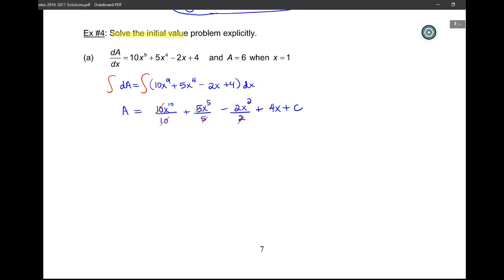Of course, this works out really nicely. We can see our coefficients cancel out in those situations. And now I want to plug in A equals 6 when x equals 1. So I have 6 equals, well, 1, 2, right? 1 to the 10th is 1. 1 to the 5th is 1. 1. 4 times 1 is 4, plus c.